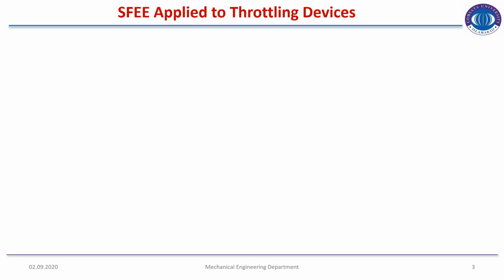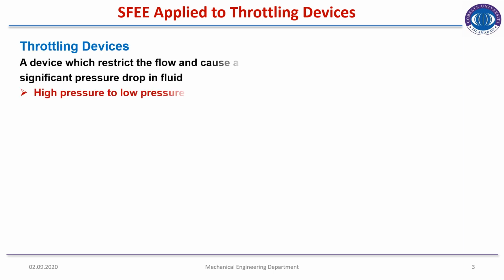Steady flow energy equation applied to throttling devices. So first we will discuss what throttling devices are. The definition of a throttling device is a device which restricts the flow and causes a significant pressure drop in a fluid.